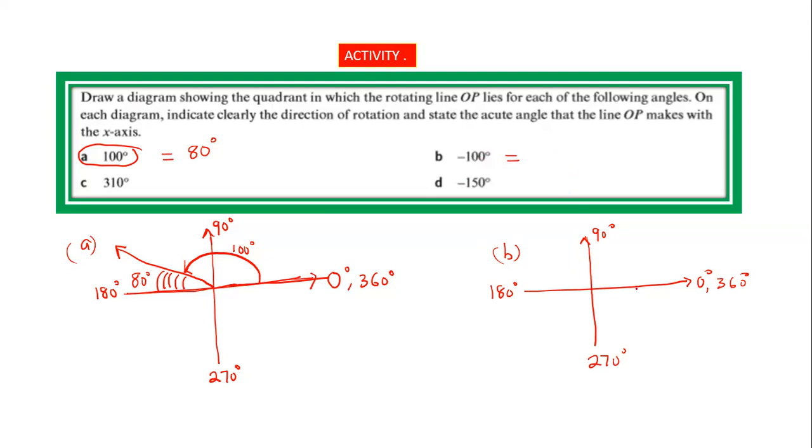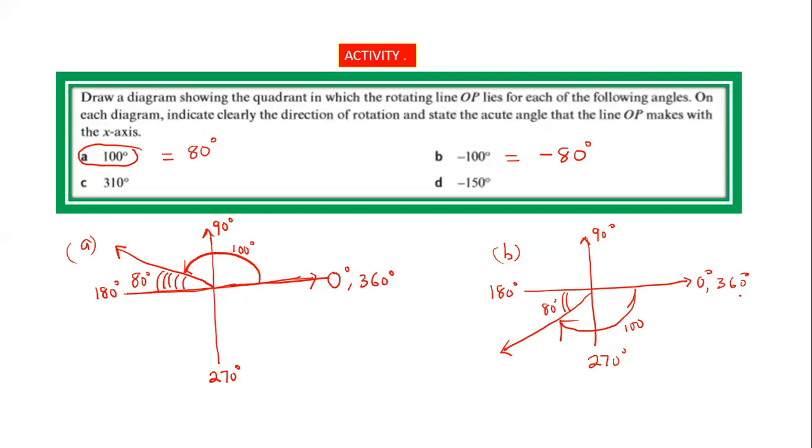So I will start measuring from here, I measure up to somewhere here, then I will indicate that this is my angle of 100. So the angle that is close to the x-axis here is 80 degrees. So here my answer is going to be negative 80 degrees, because we have said negative means we have been moving in the clockwise direction.